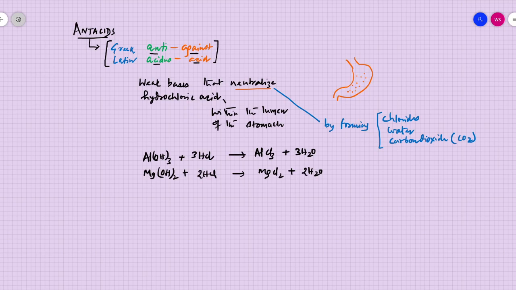Usually antacids are weak bases that neutralize hydrochloric acid by forming, as we see in these examples, chlorides and water, and if it is sodium bicarbonate, then it forms carbon dioxide.